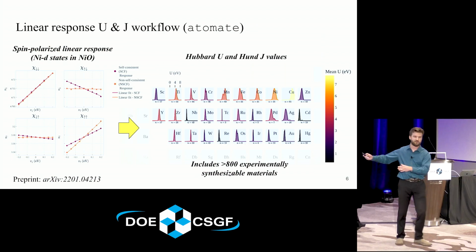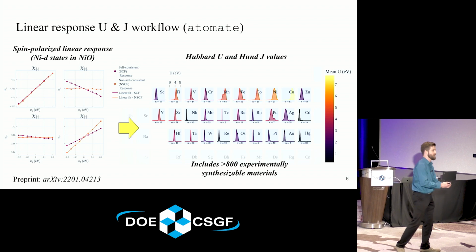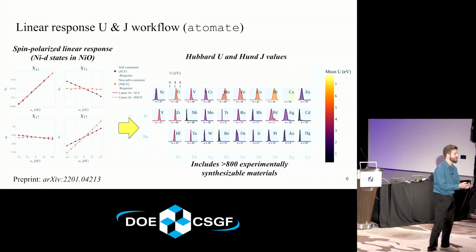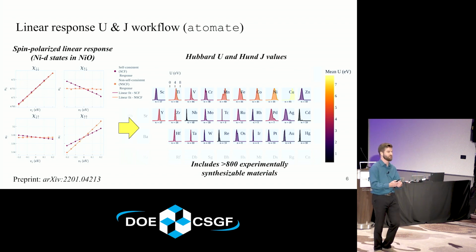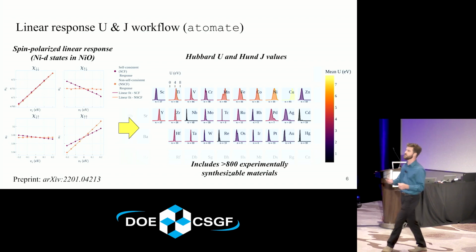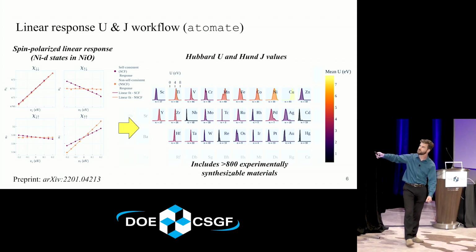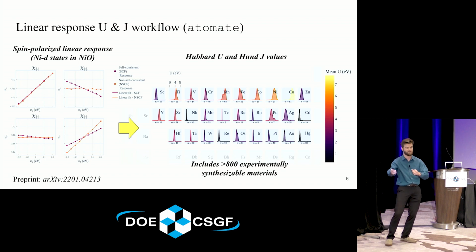So U and J values parameterize the on-site Coulombic exchange that accounts for self-interaction errors that we actually have in DFT. Self-interaction errors arise from neglected many-body effects that we neglect in DFT that we would have in the Schrodinger equation. And we actually calculate these U values in a self-contained fashion within DFT instead of fitting to experiment. So it's fully predictive.